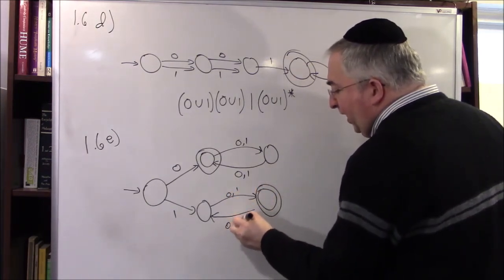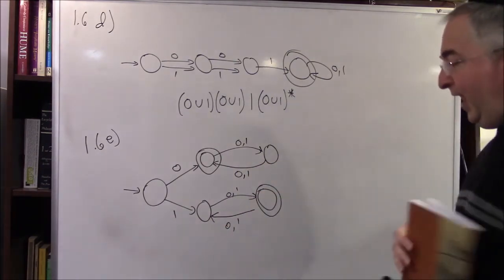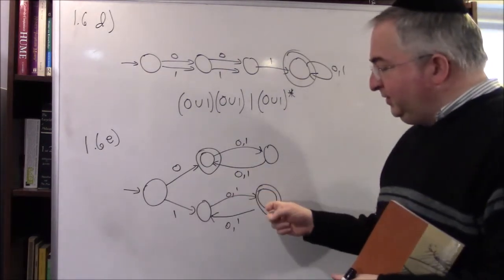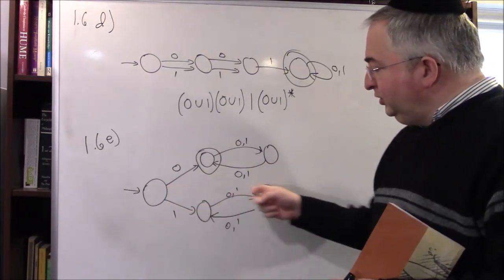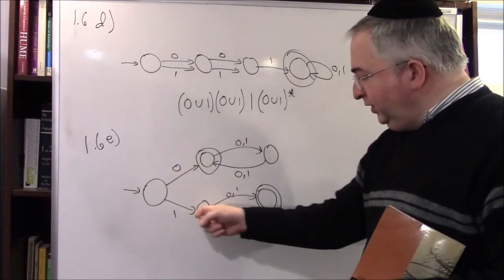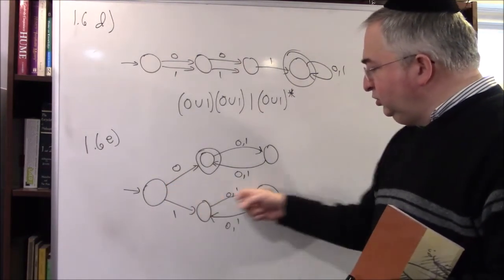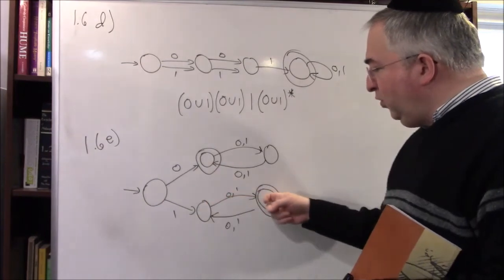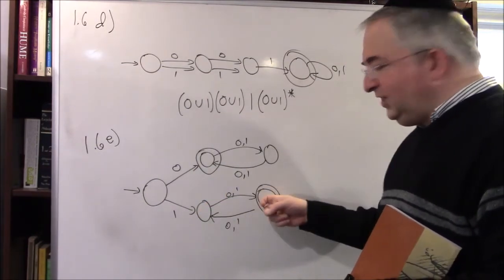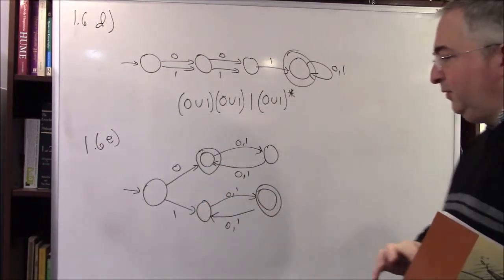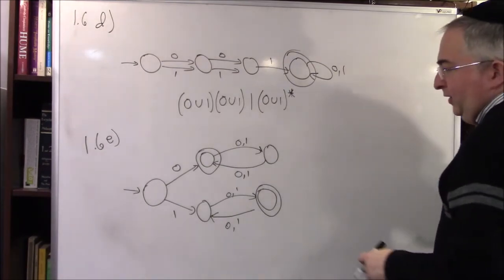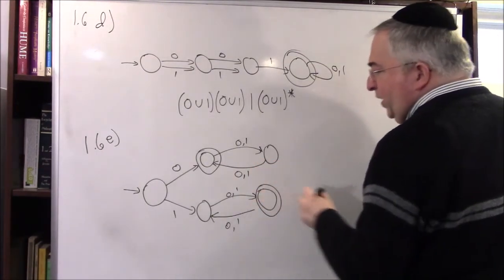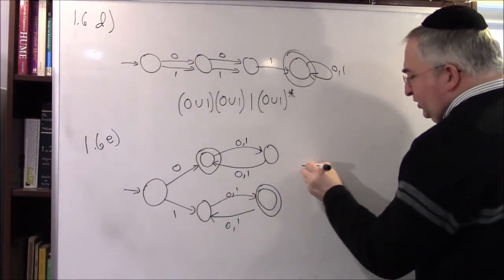I don't care what happens afterwards, but that will be an accepting state. 1, 2, that's even. 1, 2, 1, 2, 3, 4, 5, 6, accepting. Okay, that works. Let me just do it one other way. Okay, this is actually a waste. Okay, you could do it this way.